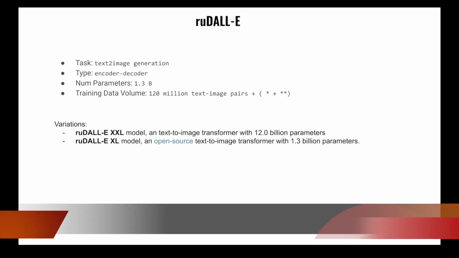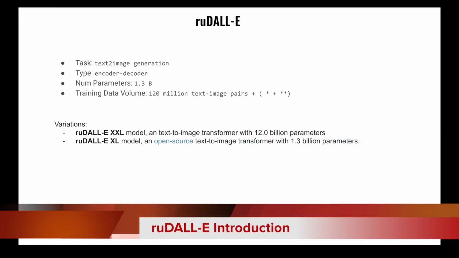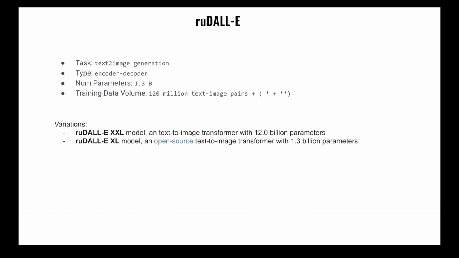So ruDALL-E is a text-to-image generator transformer. It uses the encoder and decoder architecture, which is similar to other proposed transformers and exactly what DALL-E is using. And there are two different versions of ruDALL-E.